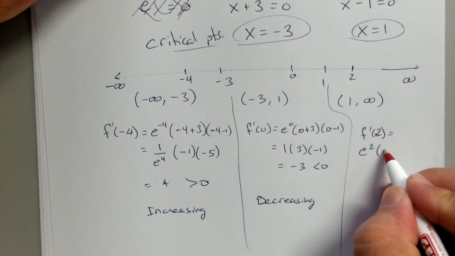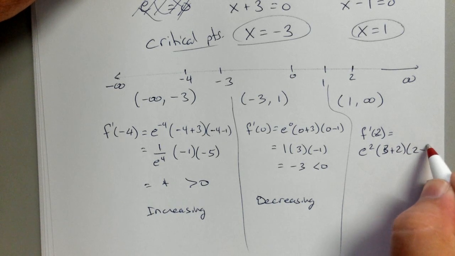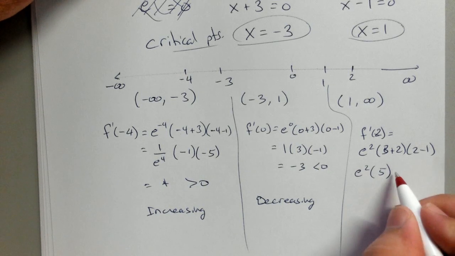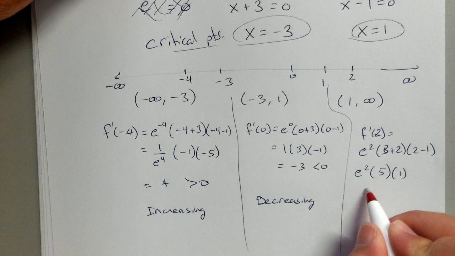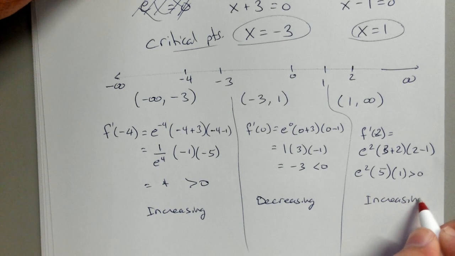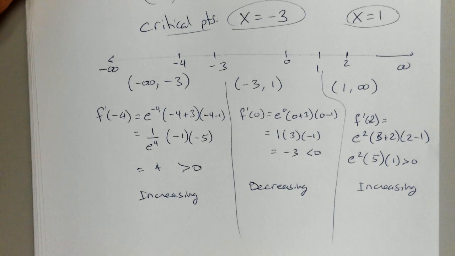Then for the last interval: e to the 2 times 3 plus 2, times 2 minus 1. So it's positive, so it's increasing. So the graph's going to look like this, then this, and then this.